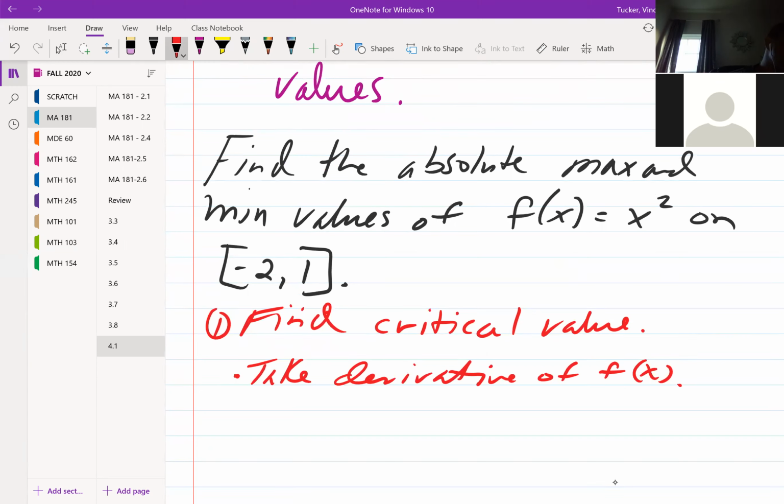Take the derivative of f of x, or I could have said find f prime of x, either way. f of x is x squared, so you bring your 2 down and subtract 1 from your exponent, which leaves you with just 1 for your exponent, so that's 2x.